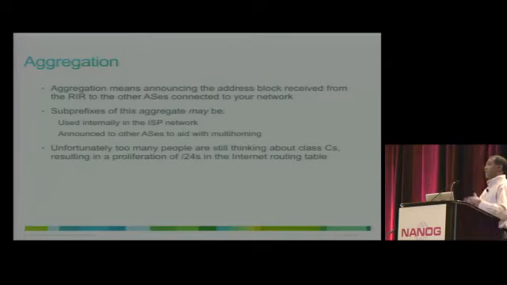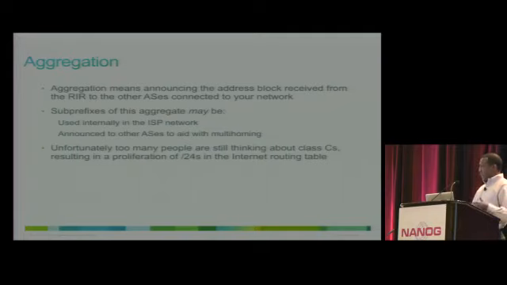They should be advertised to some service providers by agreement, and it's important that those service providers do not subsequently advertise them to other service providers. Only the aggregate should be advertised. Again, this is important for the stability of the whole internet.